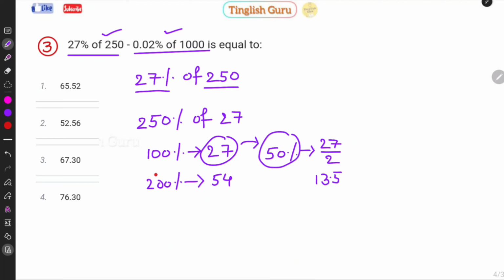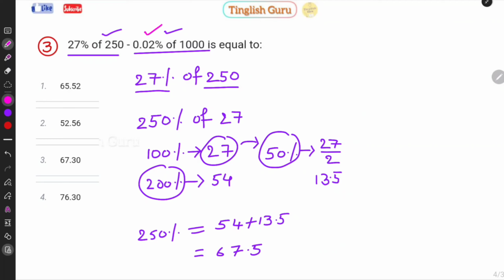So add these two values, we will get 250% equals 54 plus 13.5, which is nothing but 67.5.